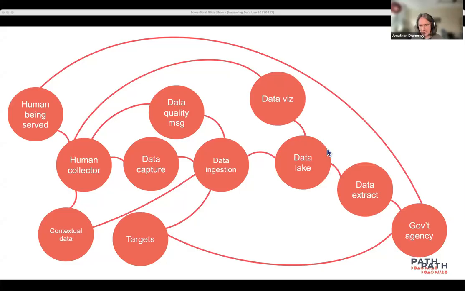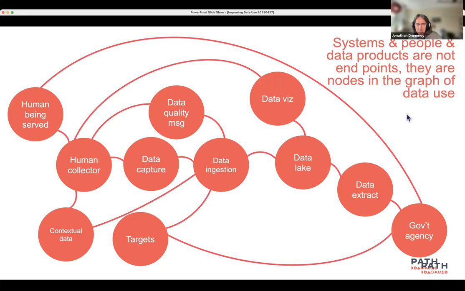This is a thought in process for me around thinking about what we do with data as a network. Instead of a linear pipeline for our data, the systems, the people involved, and the data products we're creating, the charts, the graphs, the papers, the dashboards, are all nodes in this graph of data use.